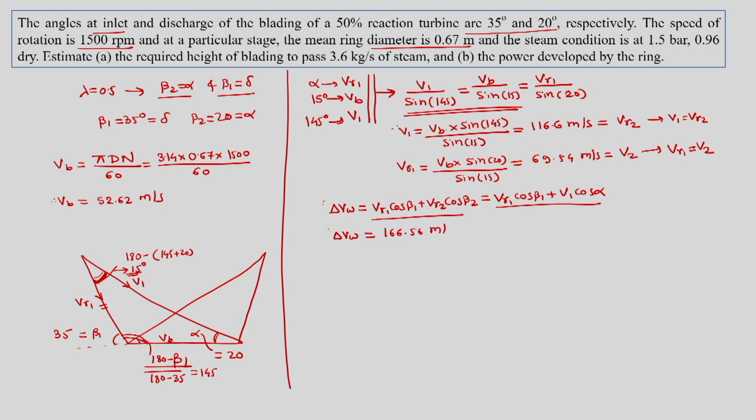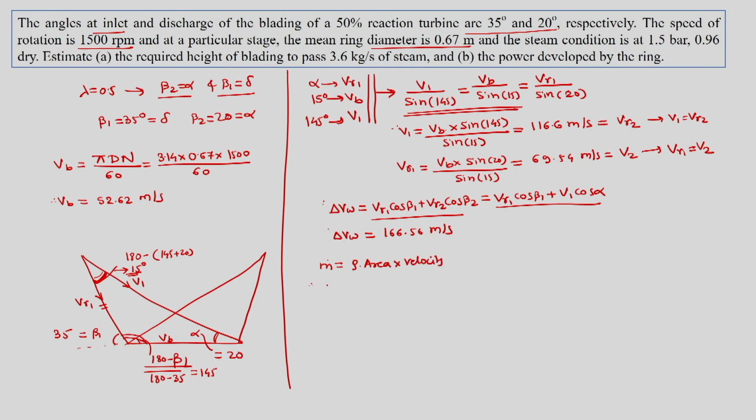166.56 meters per second. Now we know that we are supposed to find out the area. For area we can use the formula for mass flow rate. Mass flow rate is basically density into area into velocity.